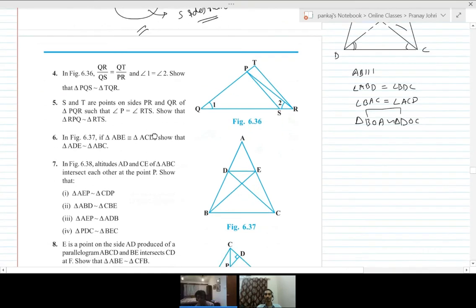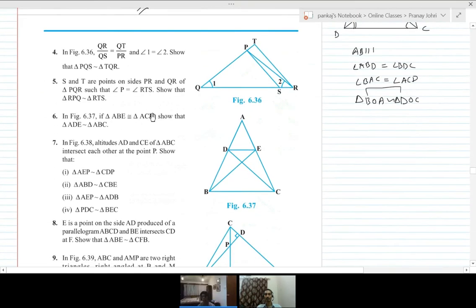So we can use SAS to prove that triangle PQR is similar to PRS. Sorry, TQR is similar to PRS.